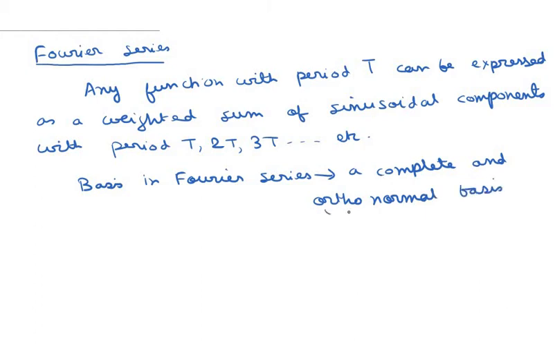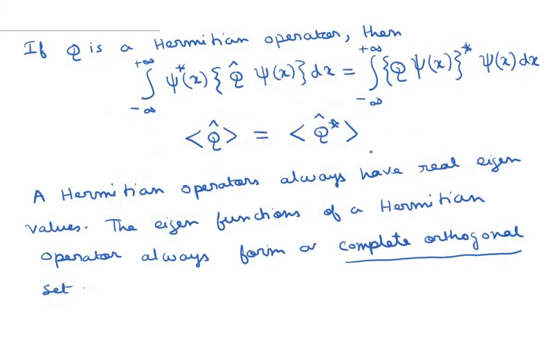Here I use the term orthonormal instead of orthogonal because we already know that the sinusoidal components in a Fourier series are normalized, that is their integral over one time period is set to 1. In this case I have not yet used the term orthonormal here.